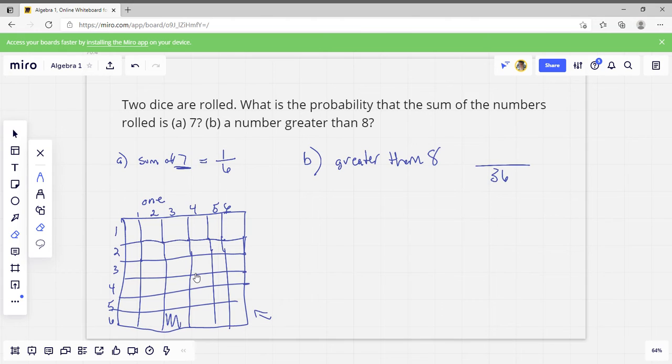No. All right, so all the ones that are greater than 8, 6 and 6, 6 and 5, 6 and 4, 6 and 3. So 6 and 1, whoopsie, that would only be 7. 6 and 5, 5 and 5 would be 10, 5 and 4 would be 9, 4 and 4 would be 8, 4 and 5 would be 9, 6 and 4 would be 10, 6 would be 8.